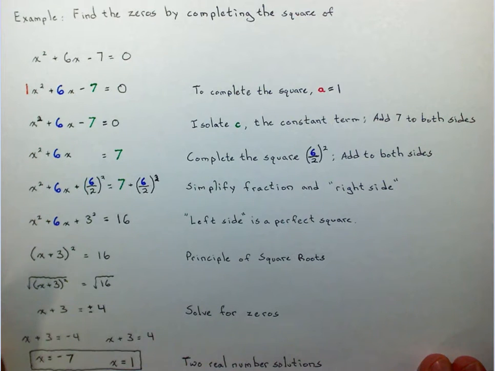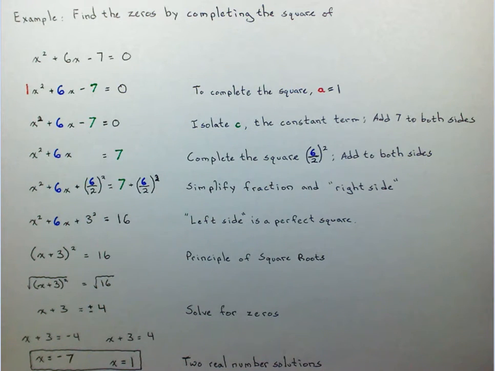In our problem, we're going to complete the square of the given equation. Alright, so given the equation x squared plus 6x minus 7 equals 0. If you notice, my value of a is 1. It's just not written there. So I'm good.